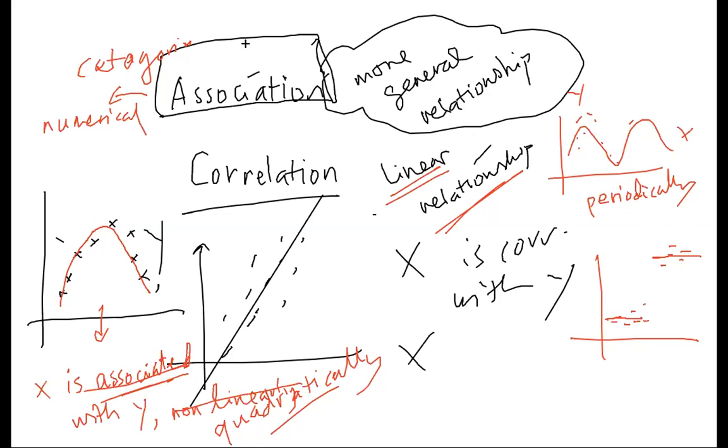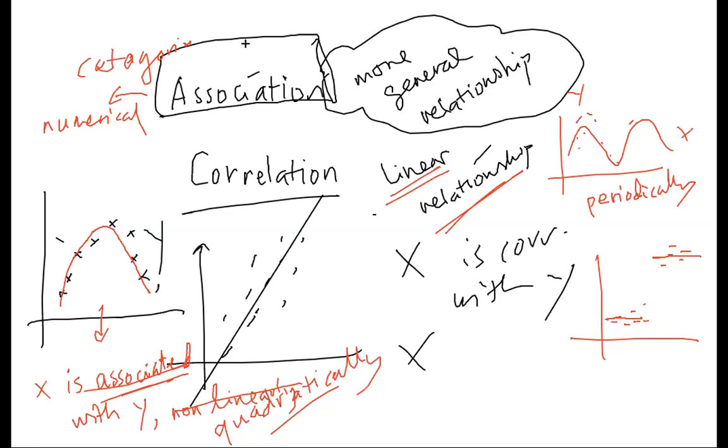Like, how do we test the association, something like Y to the X squared or X cubed, periodically, or one that has a jump? So usually, if you are dealing with just two variables, the best way is to check the scatter plot.